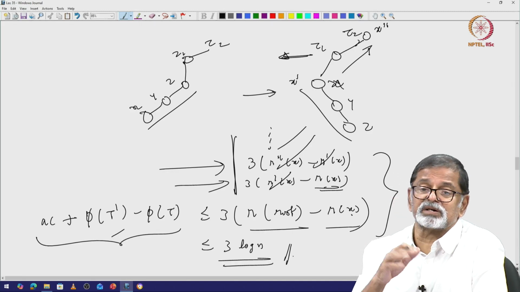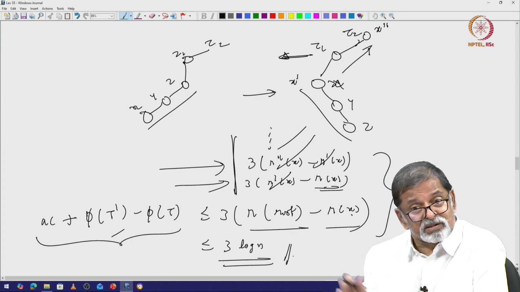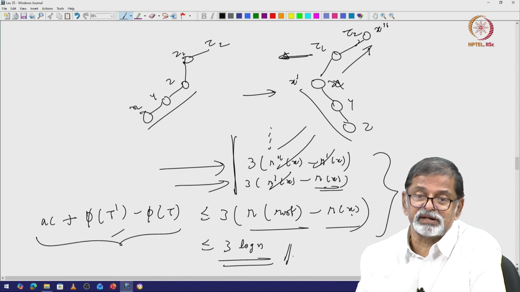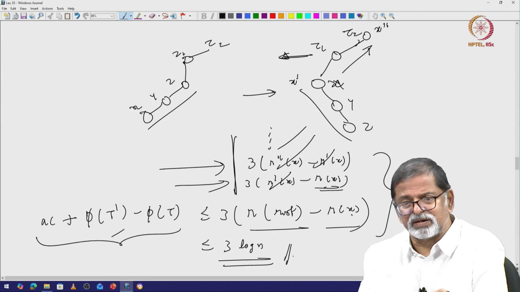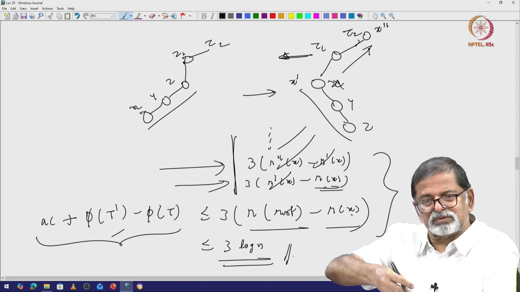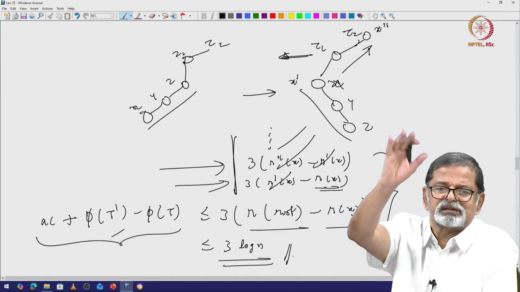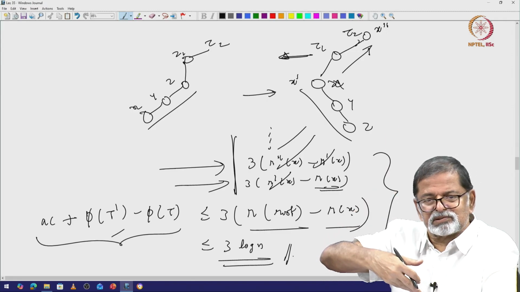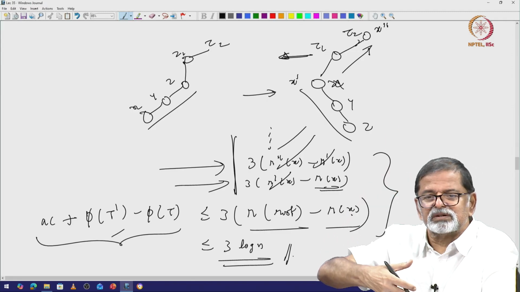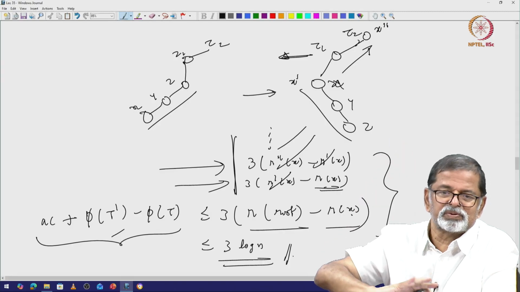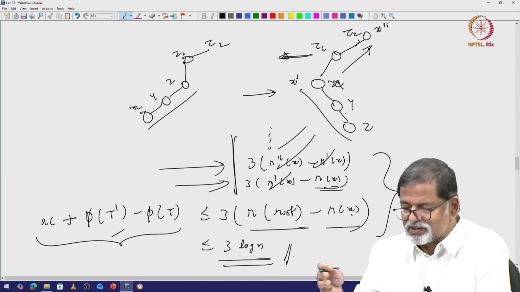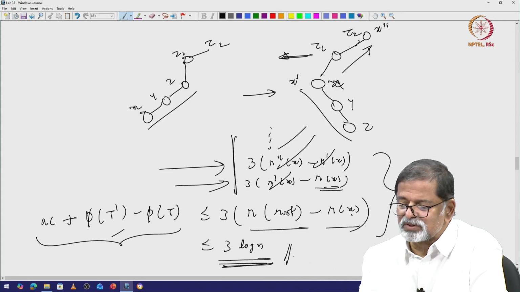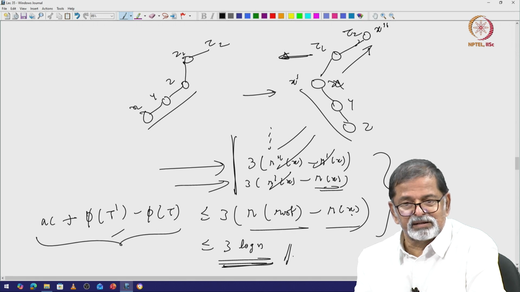The actual cost may vary, but amortized cost is always less than or equal to 3 log n for any operation, because every operation is you go down and then splay and come up. So the actual cost is the cost of coming down and doing a lot of splays to go up. Then there is a potential difference. So actual cost plus potential difference is always less than or equal to 3 log n.